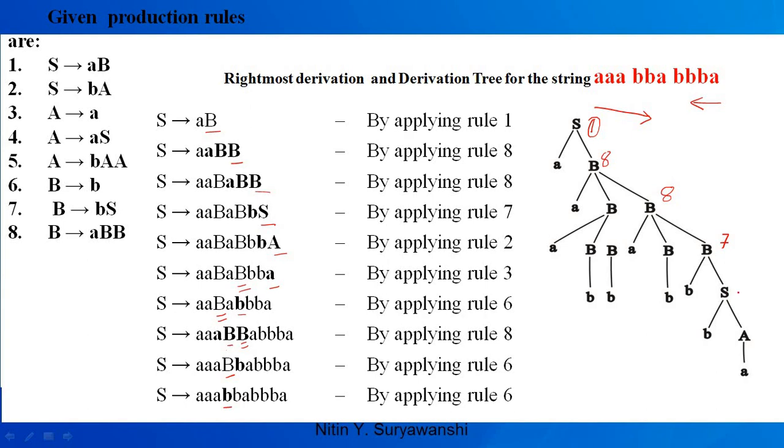Then again for this one we have applied rule number 2, and then rule number 3 is there. So which one is the rightmost now? If we travel, then this one is the rightmost. Then here we have applied rule number 6.